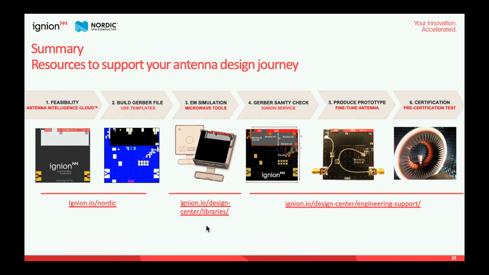And for steps 4, 5 and 6, you can find this information on this link page. Always, this allows you to be quite independent, but obviously Ignion and Nordic are always here to help in case you need assistance in any of these stages. So next, please.